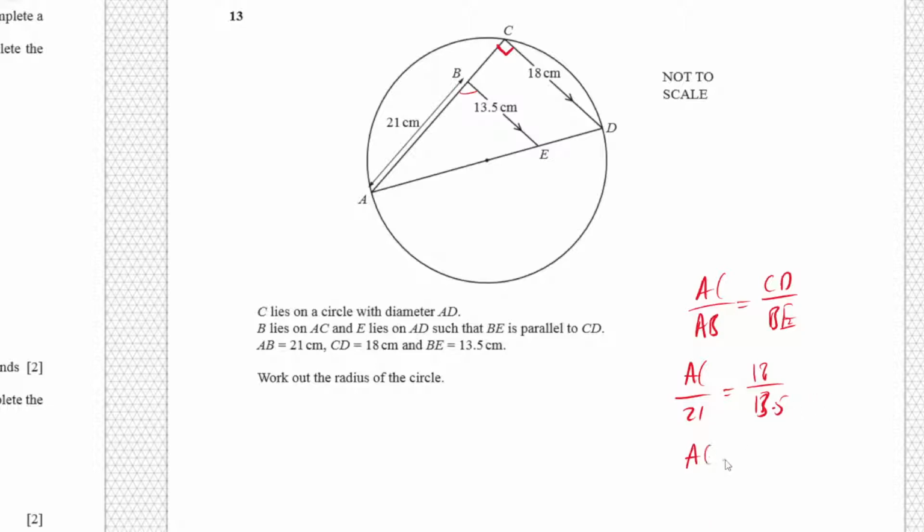Now one step and we can find the length of AC. 18 over 13.5 times 21. Let's see what that comes down to. 21 times 18 over 13.5 is 28. We have the line AC, which is 28. Now using that information, we can say 28 squared plus 18 squared equals AD squared, right?